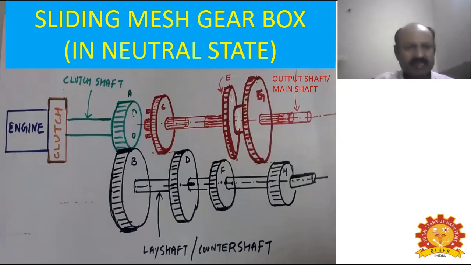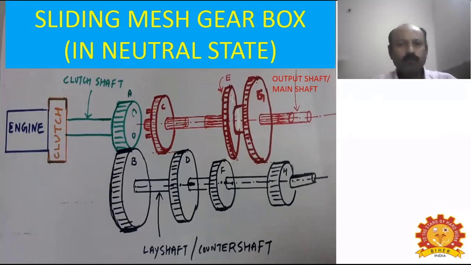So when the clutch is engaged and the engine is started, the clutch shaft gear A will be rotating. From gear A to gear B, power is transmitted. As gear A is rotating, gear B is also rotating. Gear B is permanently connected to the lay shaft, so the lay shaft also rotates. The lay shaft carries four gears, and all four gears will be rotating.